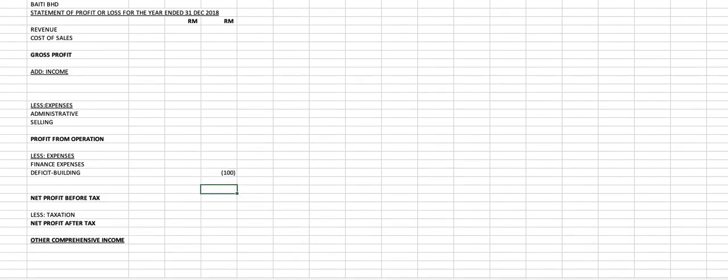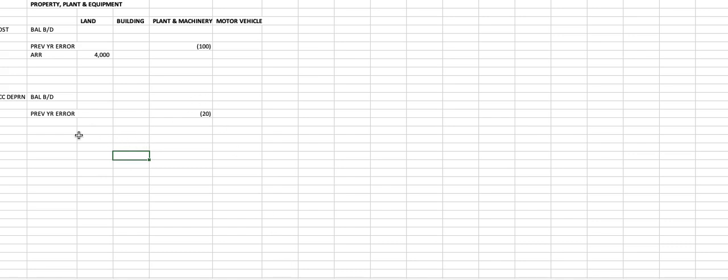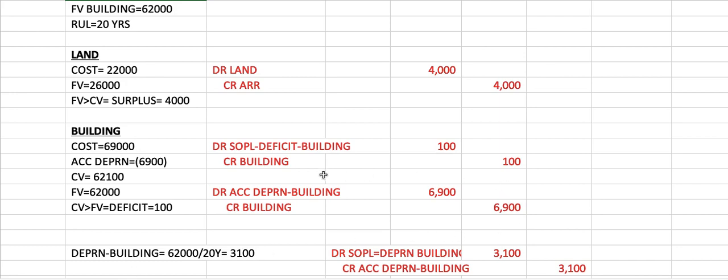Okay, and then debit SOPL, credit building, you go to notes to the account. Credit building, so you need to deduct 100. So this is deficit. Okay, 100 settled. This one settled.